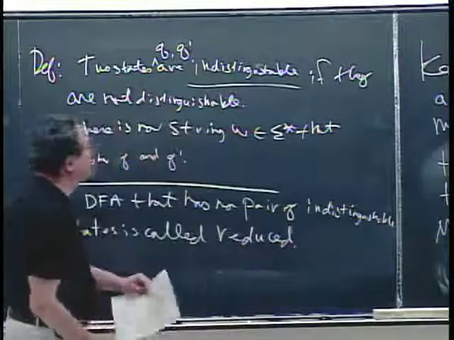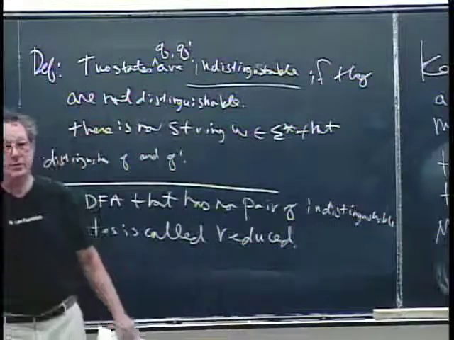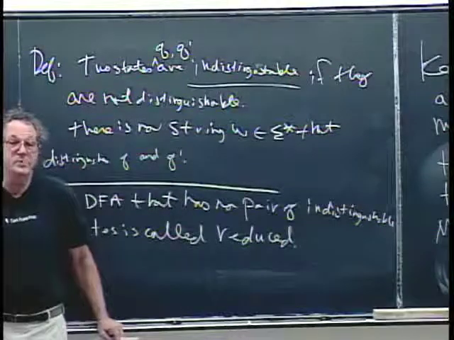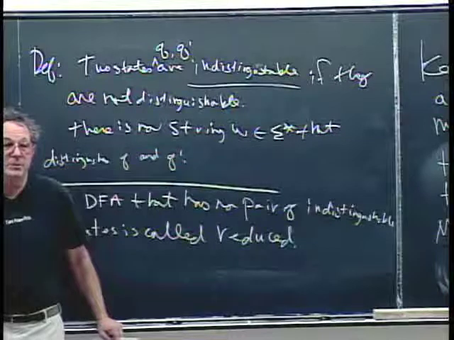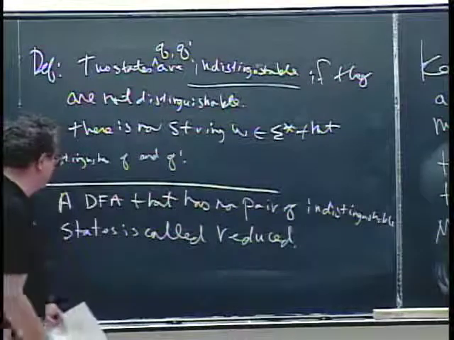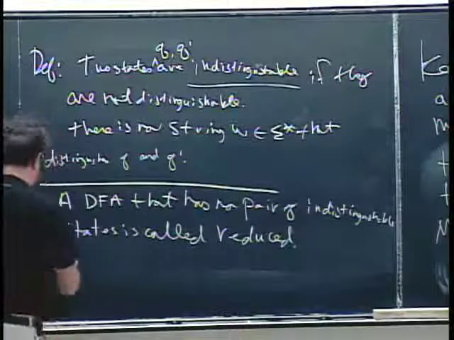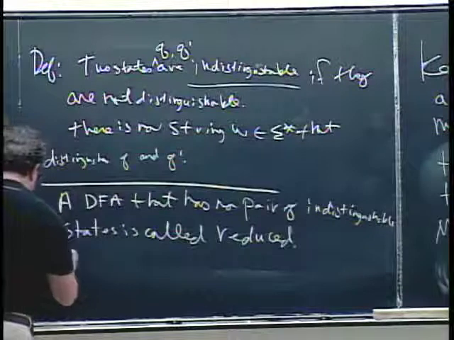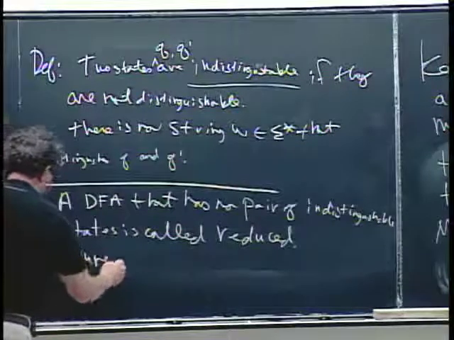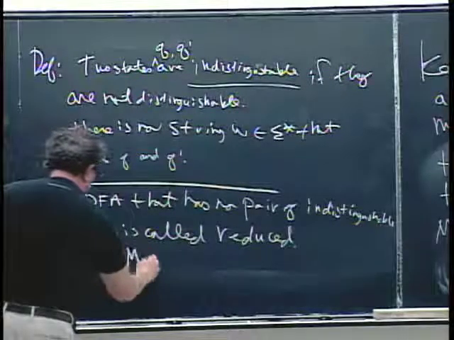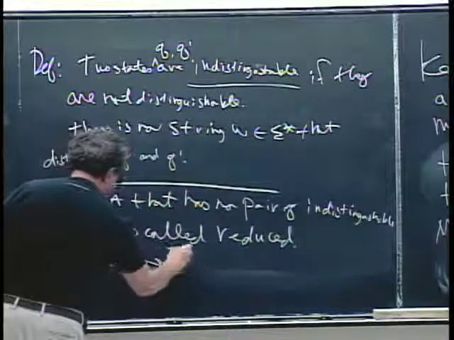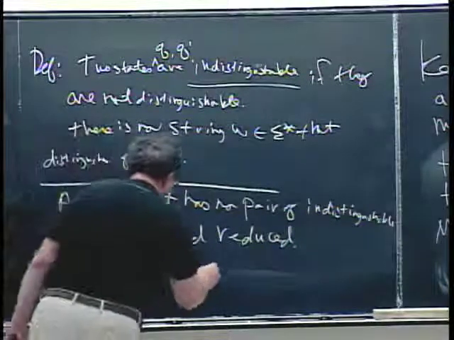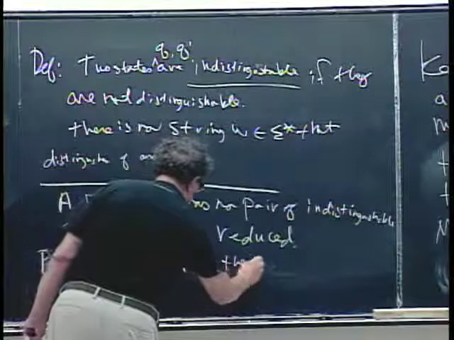And this procedure of successively finding indistinguishable pairs and merging them is called the reduction procedure. So the procedure that creates M tilde from M is the reduction procedure.